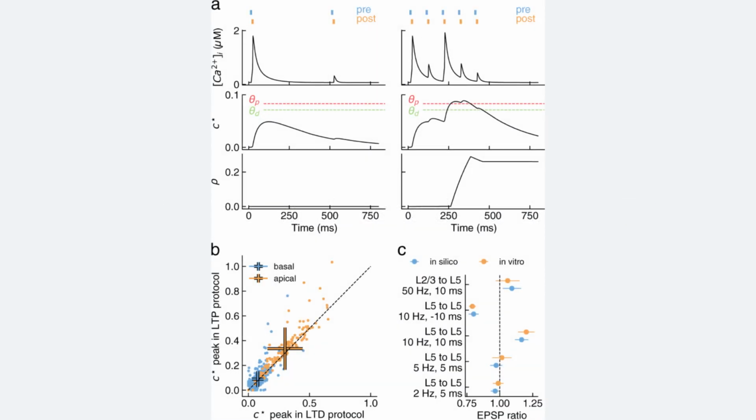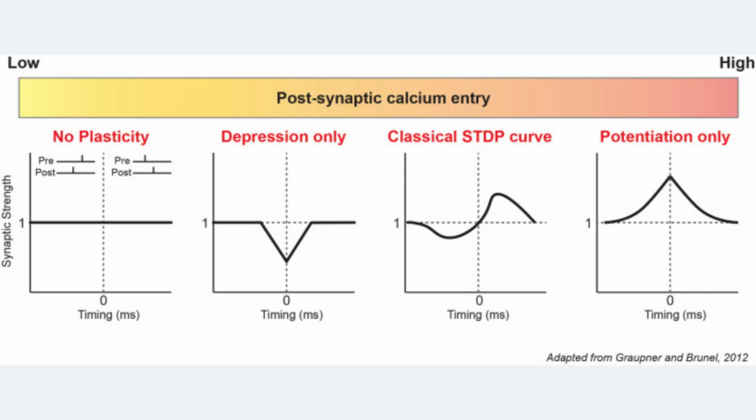Now, the induction of LTP or LTD at synapses is often described by the calcium control hypothesis. According to this idea, the level and timing of the postsynaptic calcium, or Ca2+, rise determines the direction of plasticity. High-amplitude, rapid calcium influx triggers LTP, like I mentioned before, and smaller or more prolonged calcium triggers LTD. This makes intuitive sense.